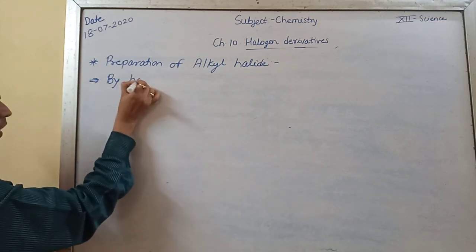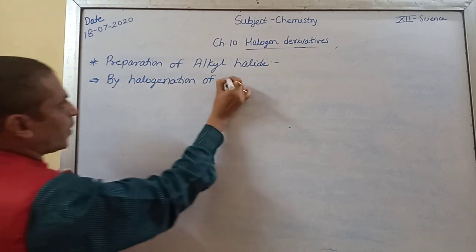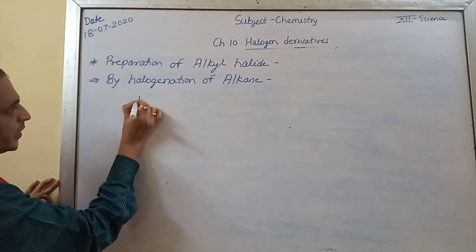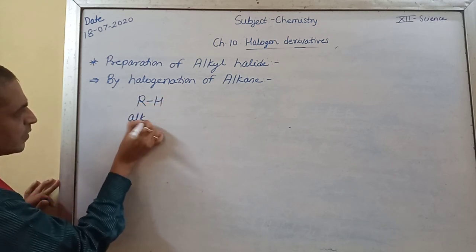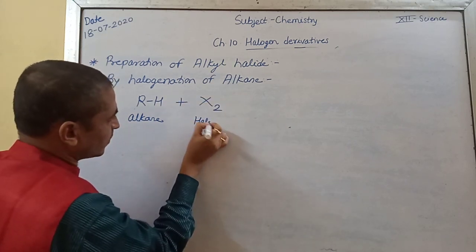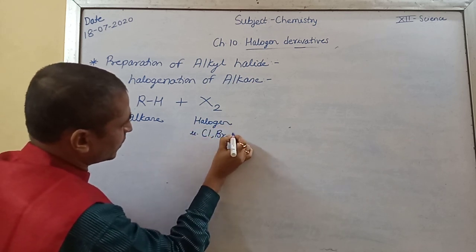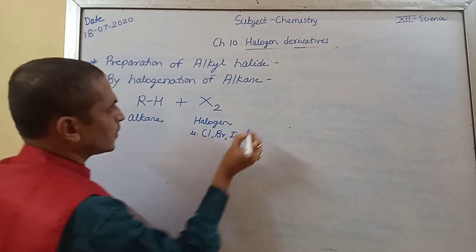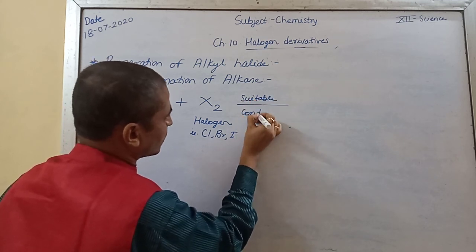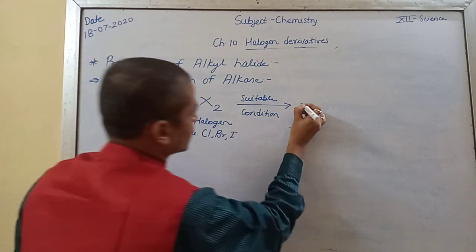By halogenation of alkane. The general reaction can be written as RH, alkane, plus X2, that is halogen, that is chlorine, bromine, iodine, under suitable conditions, because for chlorine, bromine, iodine we require different conditions.